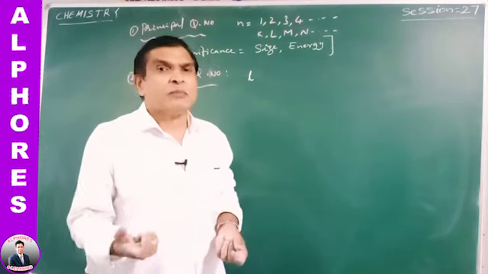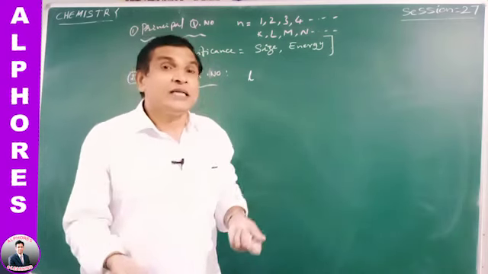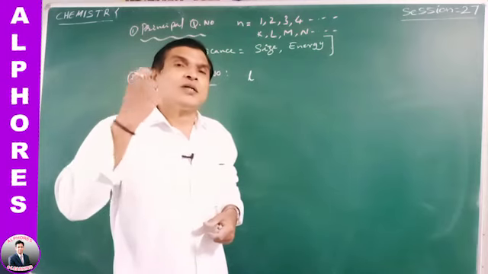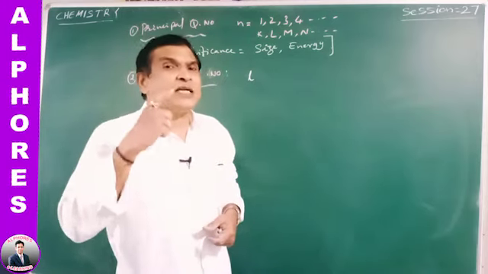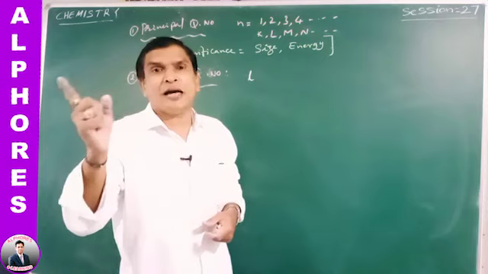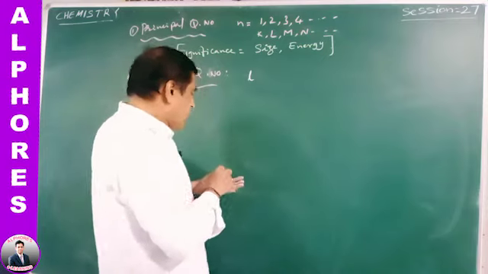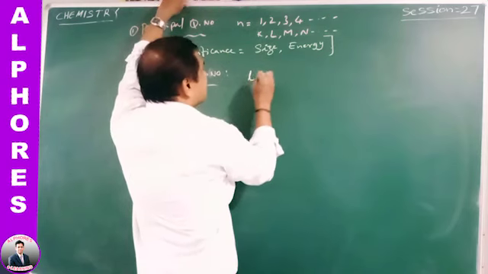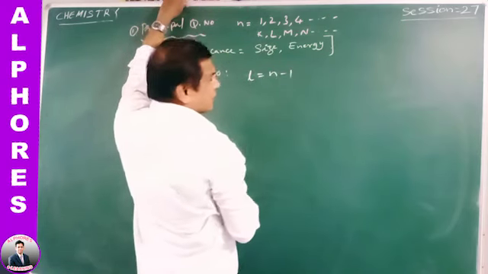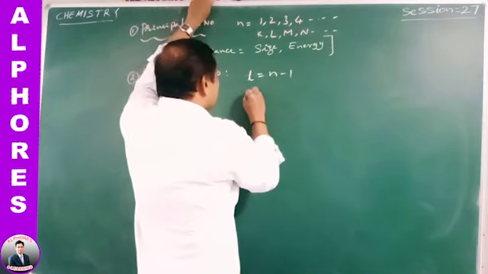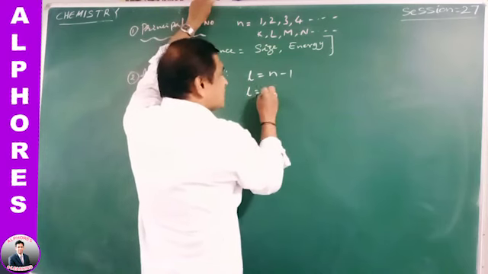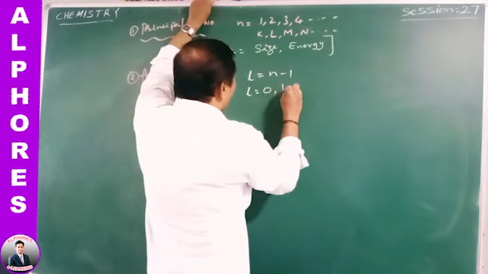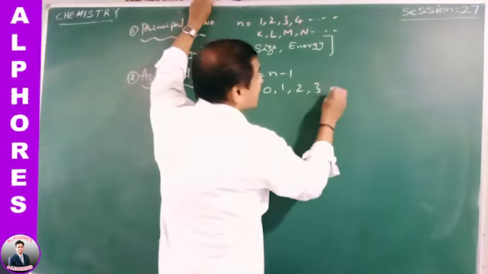How many suborbits exist in a given energy level? The number of suborbits in a given energy level is equal to the n value. Remember that. The l values always depend on the principal quantum number, that is n minus 1. That means l values start from 0, 1, 2, 3 and so on.